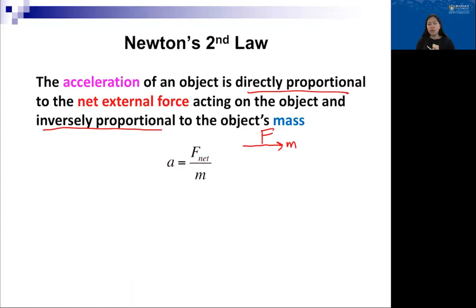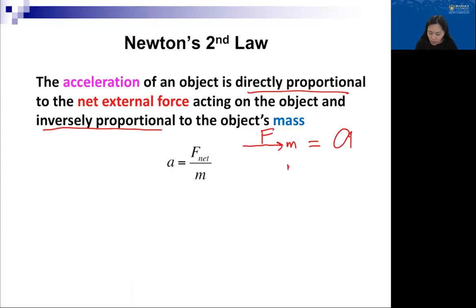Will the ball move fast or slowly? If you're pushing it so hard and the mass is quite small, it will move fast, because you pushed it really hard. So you will have a big acceleration.